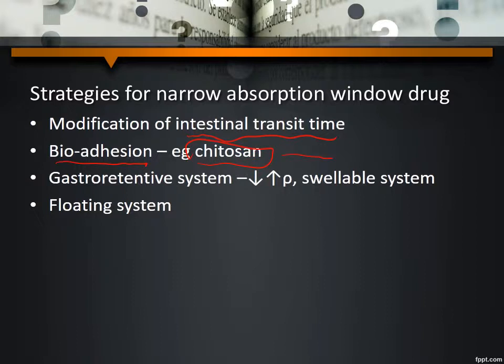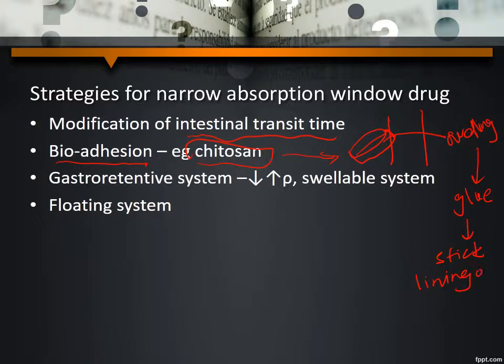If you add chitosan in your formulation, for example a tablet, when it reaches your intestine, due to the swelling property of chitosan, it can behave like a glue, which can stick to the lining of the intestine, and with that you will increase the transit time in the intestine.